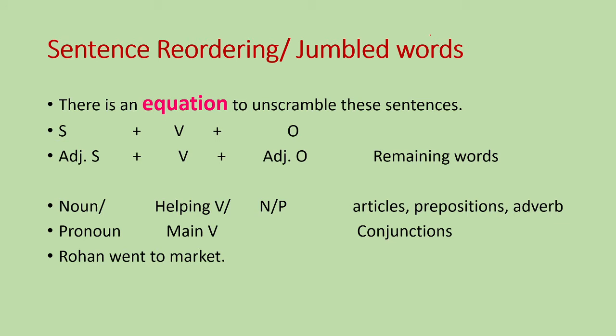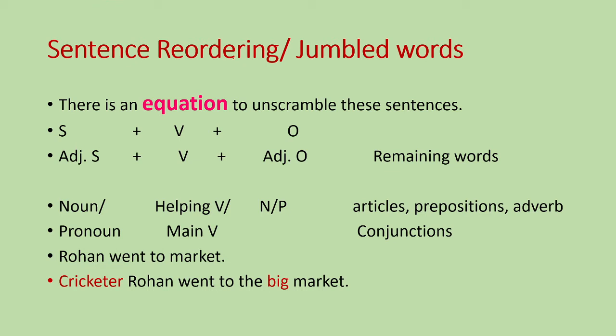Here there are no adjectives, but in case there were, it would be like this: cricketer Rohan went to the big market. The adjective is placed before the subject Rohan, and in the case of the object, it is before the object market.